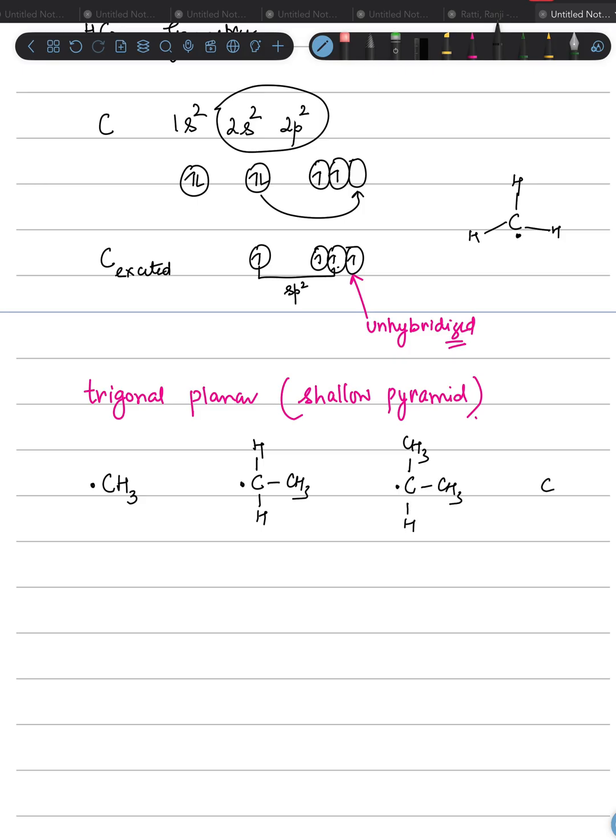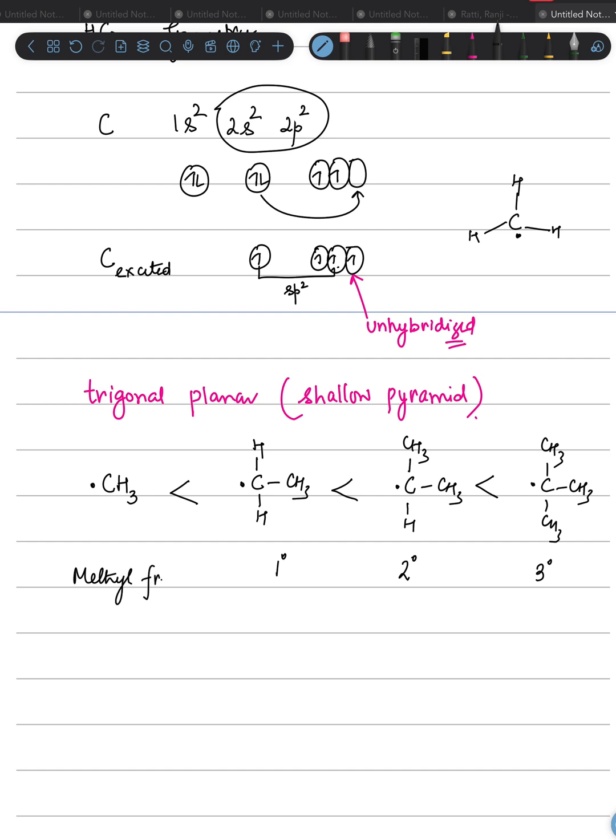And then we have the tertiary free radical. Which out of them is more stable? So the stability order of free radicals follows the same pattern as was observed for carbocations. That is, tertiary free radical is more stable than secondary, which in turn is more stable than primary, which in turn is more stable than methyl free radical.